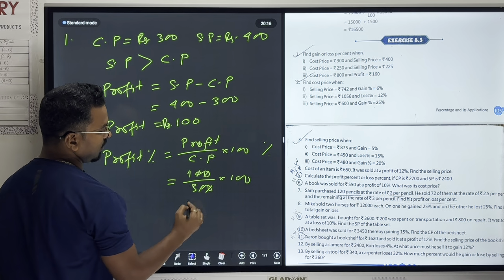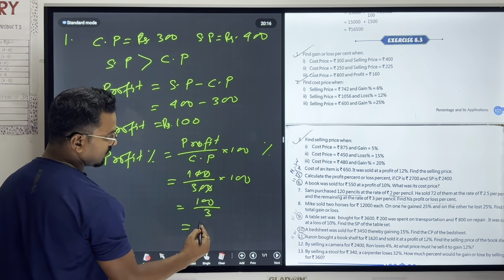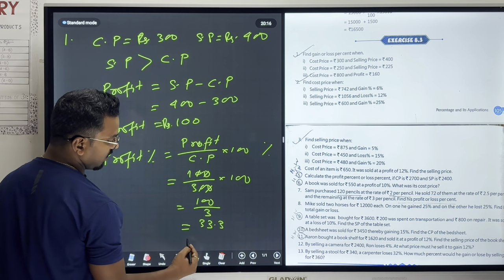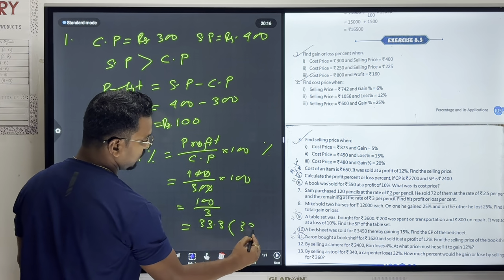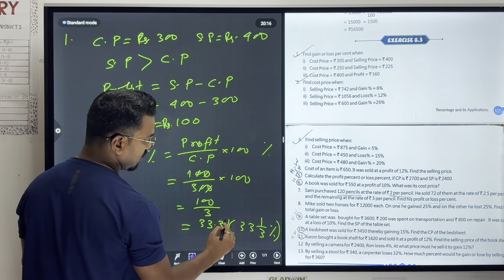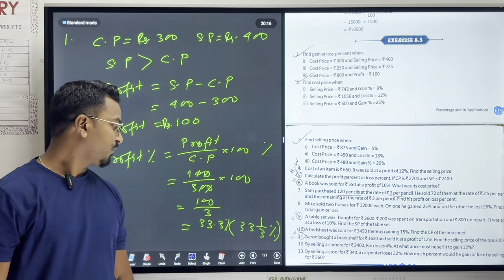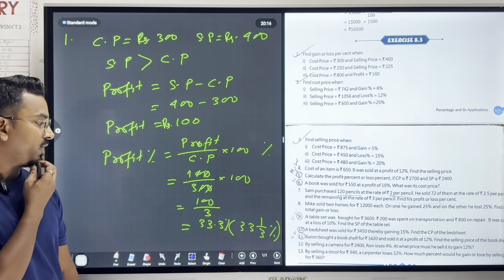So this 0 will get cancelled. So 100 divided by 3 is 33.33, or you can write 33 1 by 3 percent. So the answer is 33.3% or 33 1 by 3.